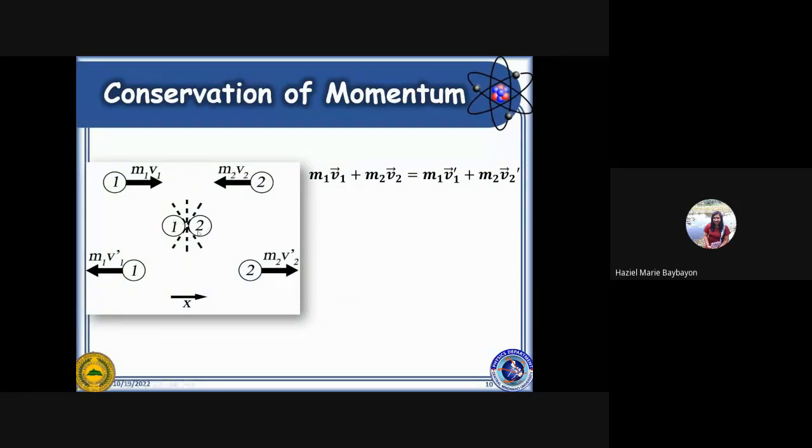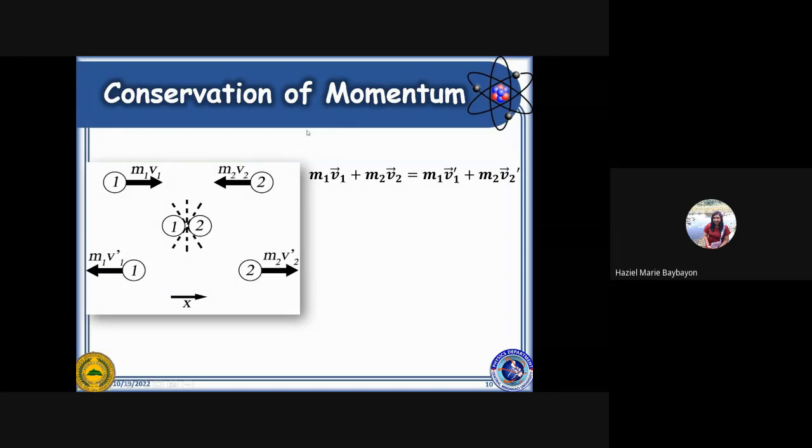And then here comes the collision. At the final state, there will be changes in the velocities. Ball 1 will now be moving with velocity v prime 1 to the left, and ball number 2 will be moving with a different velocity v prime 2 to the right.